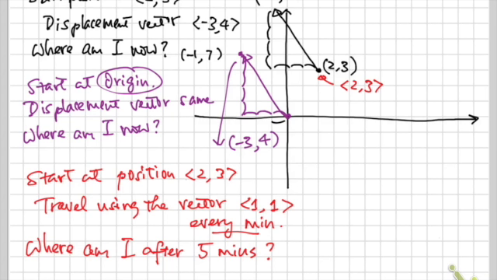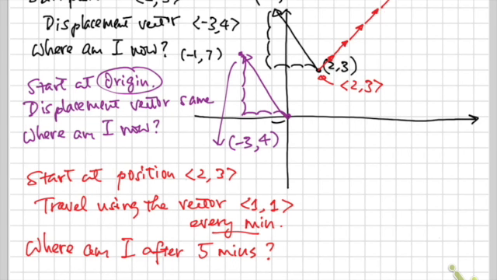So in other words, I'm going to go in the direction of +1 unit in the x and +1 unit in the y, but every minute, I'm going to increase by the same units, 1, 1. So every minute, I'm going to go 1 over to the right and 1 vertically.